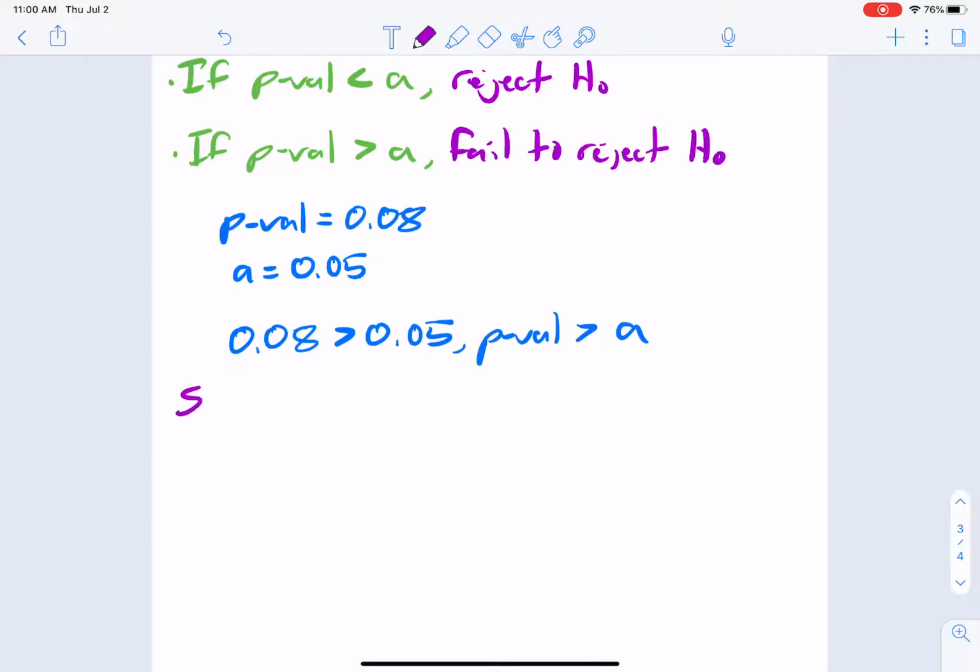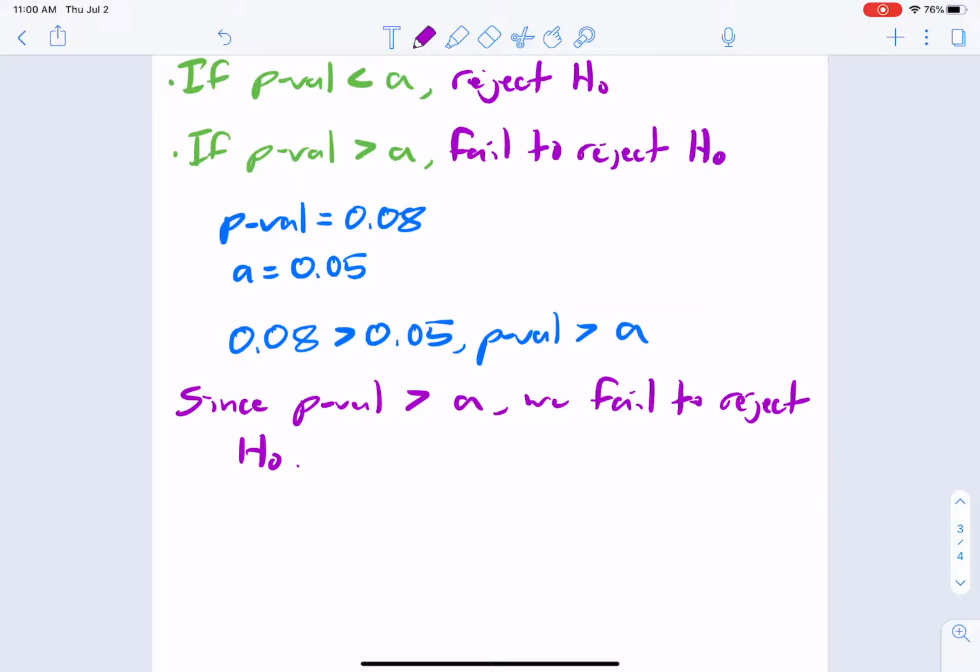We'll say, since p-val is greater than alpha, by just a little bit, but even if it is just a little bit, it's still more than 0.05, we fail to reject the null hypothesis. Okay, easy enough, right?